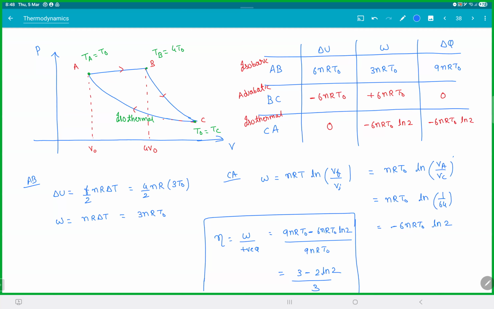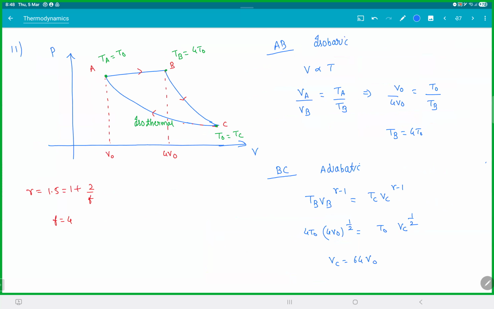Any doubts on this? Let's see one more like this. Any doubts? Anything that you're not convinced here? How did you get the volume or the temperature or anything here? Great. Let's see one more.